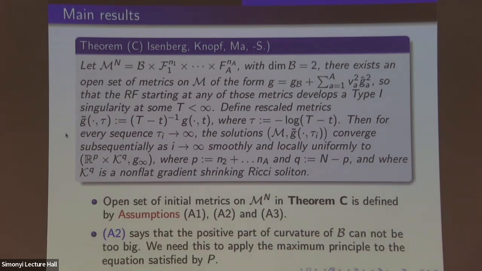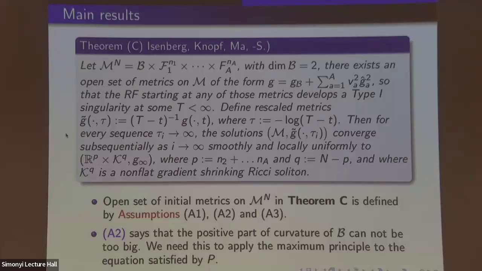Okay, and then the second theorem, I can state it for the two-dimensional base. Again, you have this multiple product structure on your manifold M, and we can show that even in that case, there exists an open set of metrics on M of this multiple product form, so that if you start the Ricci flow at any of these metrics, you always develop a type 1 singularity at some finite time.